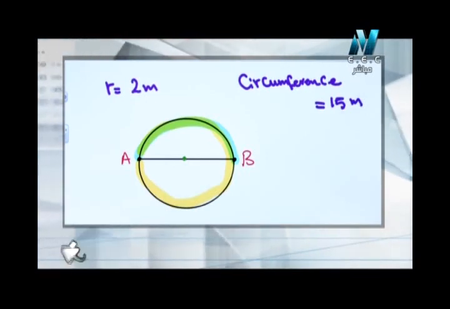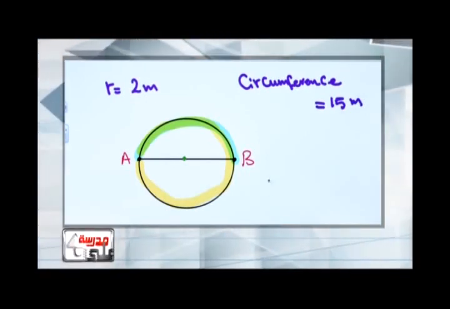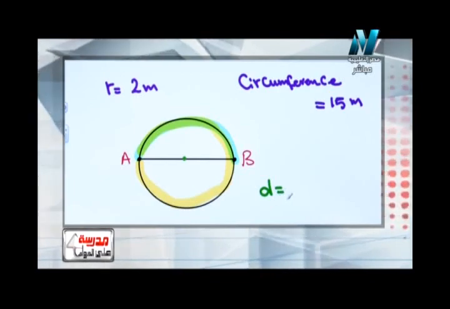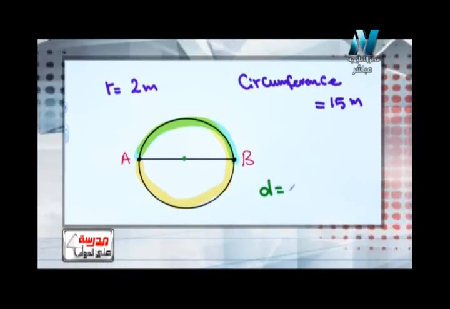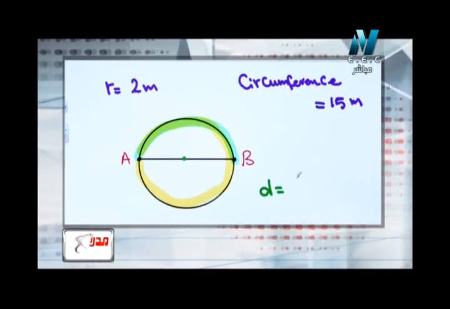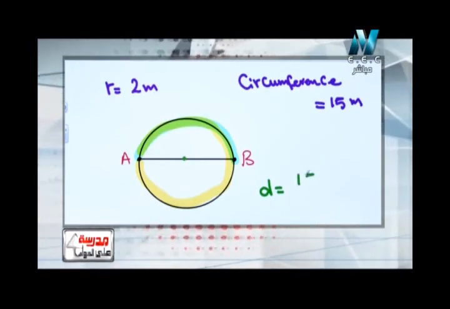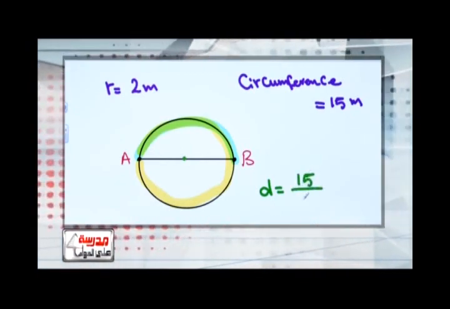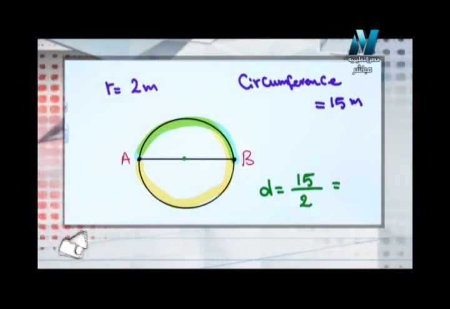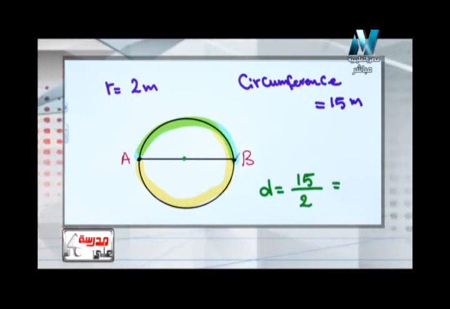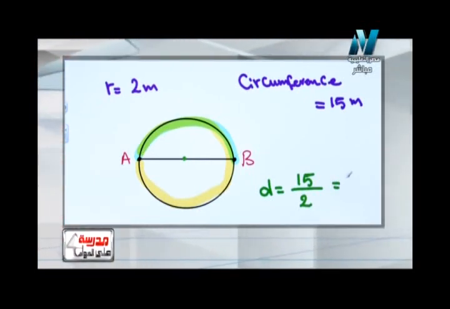If you want to calculate distance, distance will equal what? Half of the circumference, so 15 over 2, because here we have a half circle, not a complete circle, from A to B, and here we have 7.5 meters.